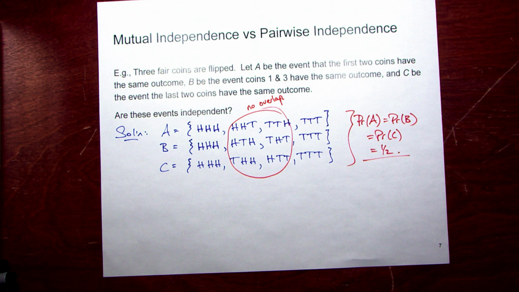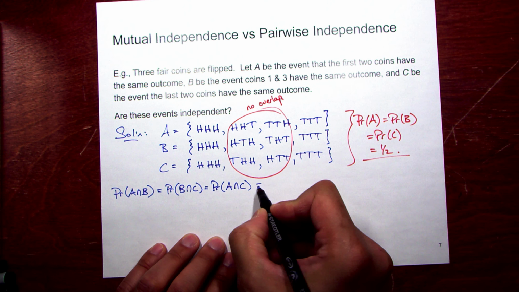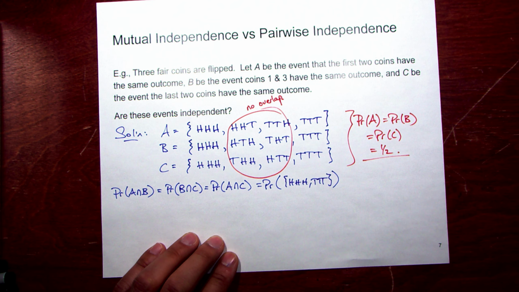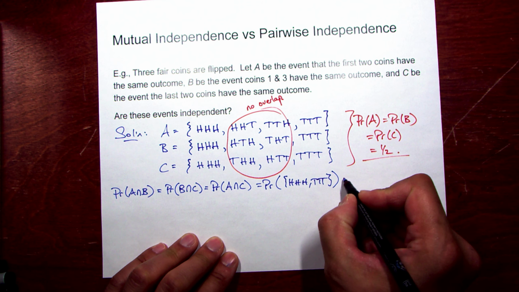They all have HHH and TTT in them. So the probability of A intersect C is going to be the same as all the single intersects, the probability of those same 2 outcomes. And of course, 2 out of 8 gives us a quarter.